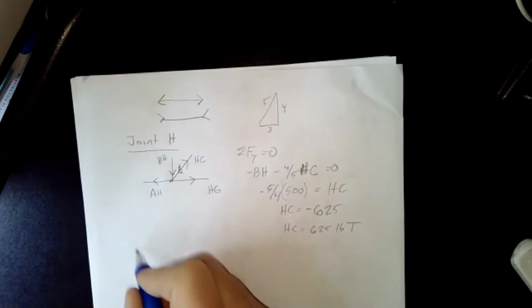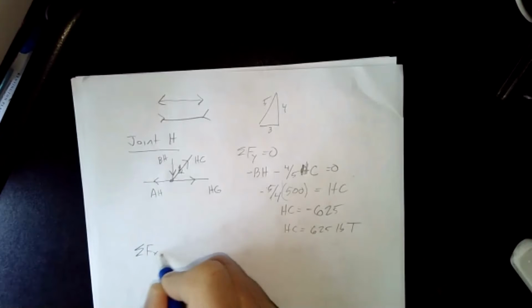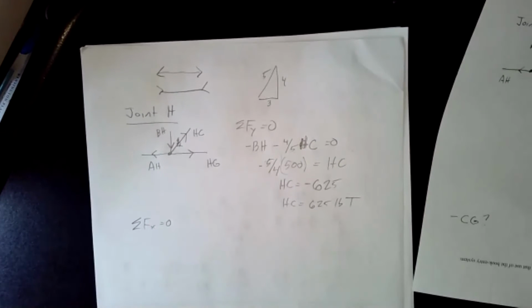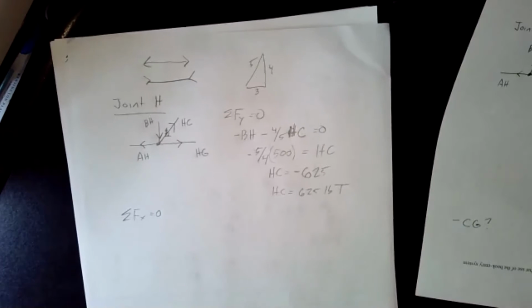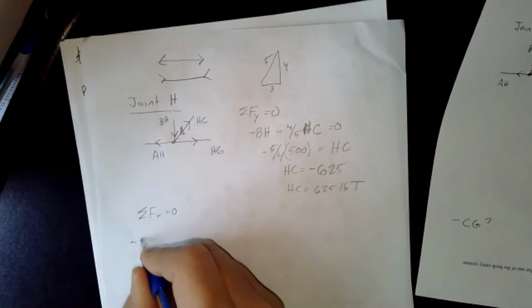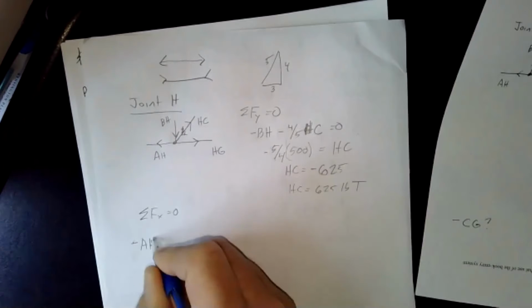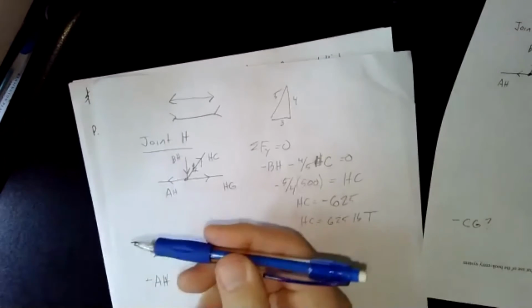And then we sum the forces in the X, and obviously I'm kind of all over the paper just because I want to get this done, but try to be systematic in the way you do it when you're doing homework and you're not as rushed. But so what do we have? We have negative AH because we know that AH goes to the left.